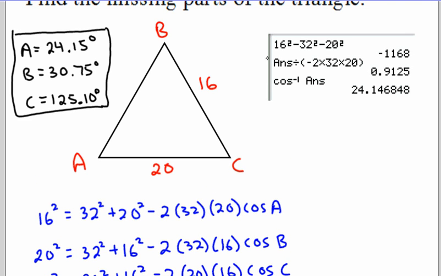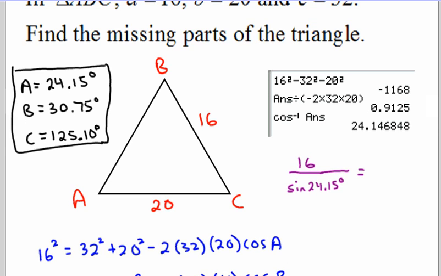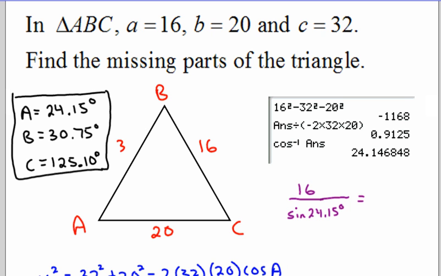Once I found angle A, then I had an angle side pair. And I could put 16 over the sine of angle A, which was 24.15 degrees. Right? Then that should equal, let's see, I'll go ahead and find B first. Let's see, C was 32.